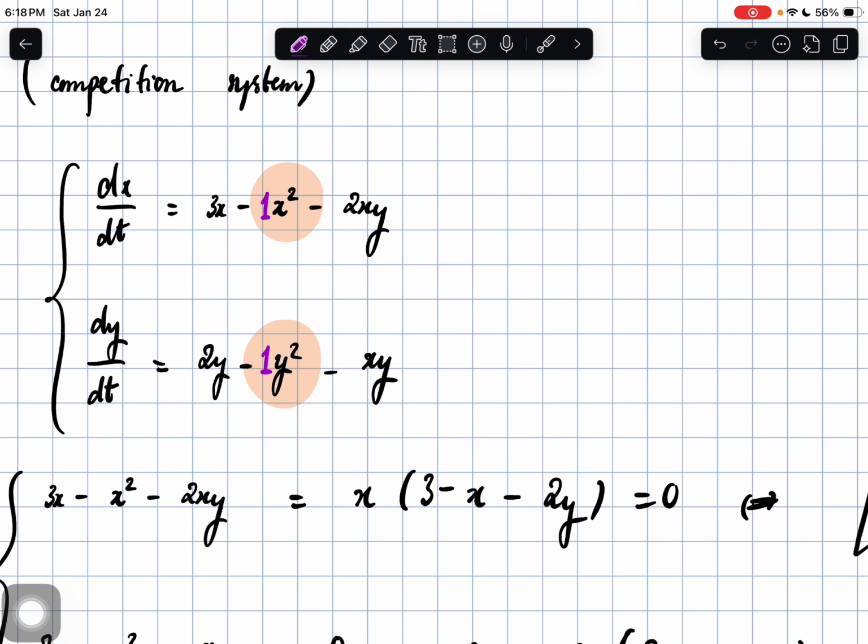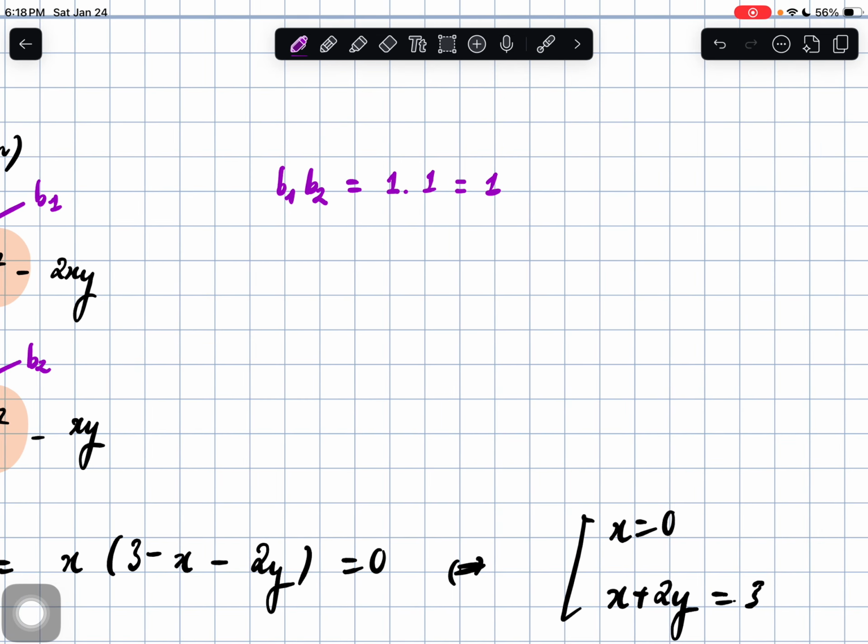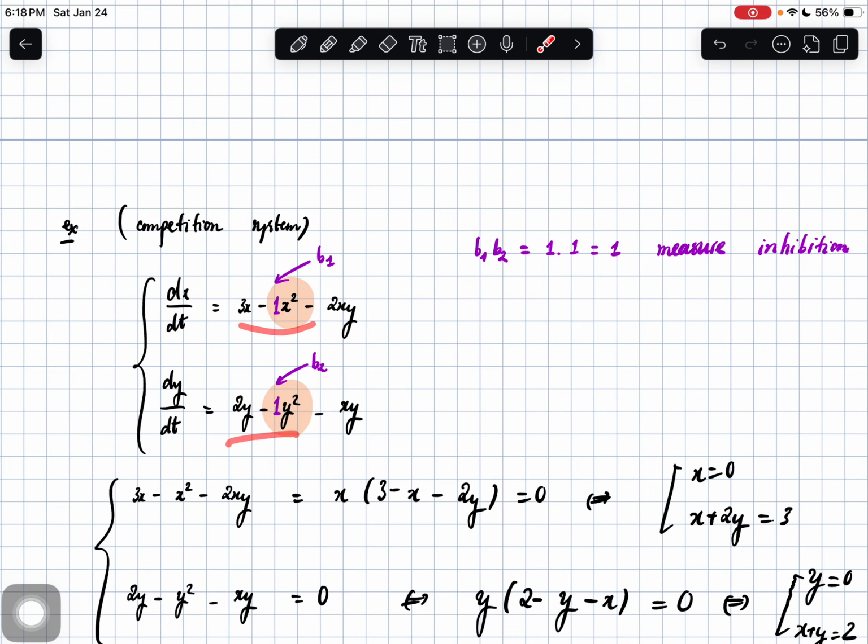It limits themselves by the limitation of resources in the environment. In the general case, call these B1 and B2. The product B1 times B2, in our case 1 times 1, equal to 1, measures inhibition.